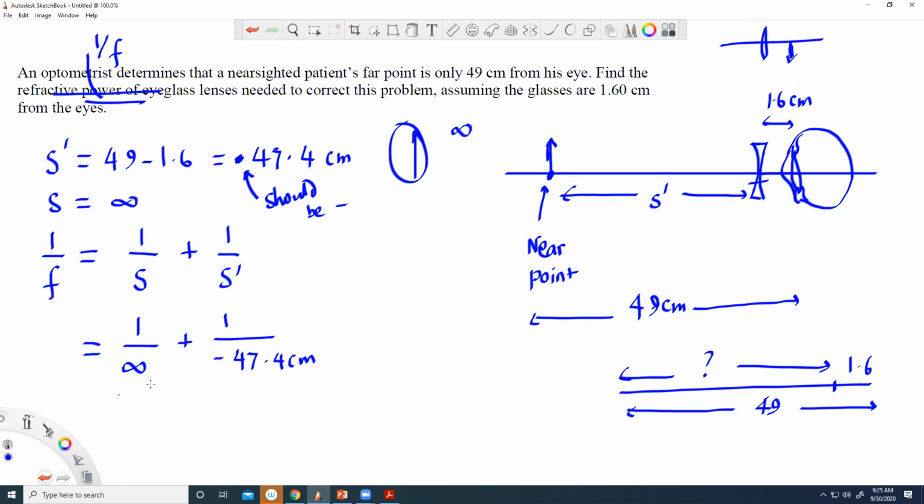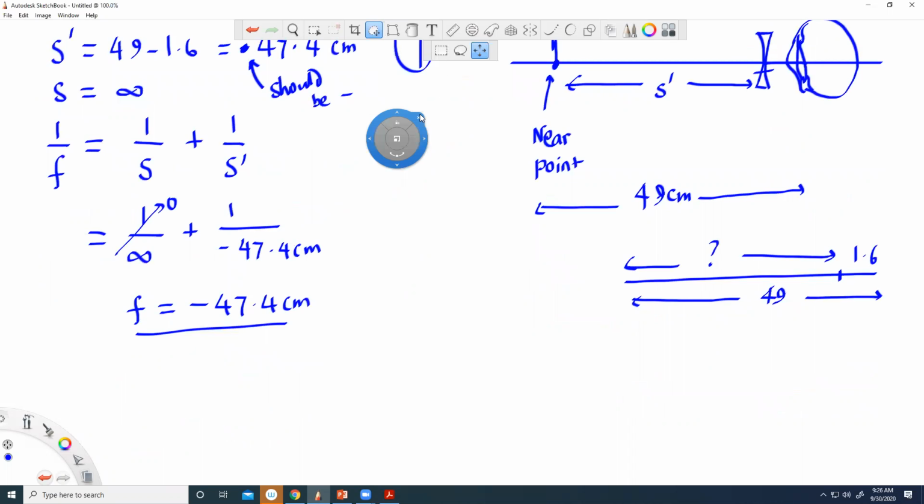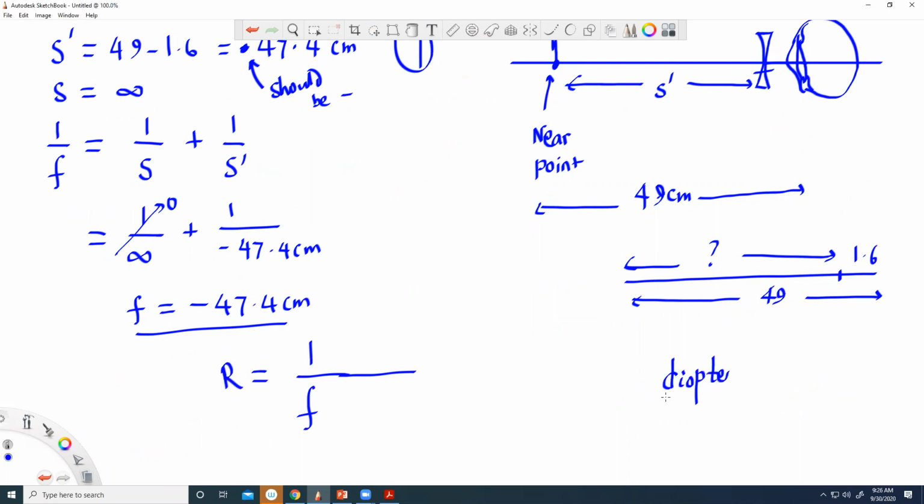So that means 1 over infinity is 0, 1 over a large number is 0. So then we need to flip on both sides to get f. That gives me minus 47.4 centimeters. That's the focal length. But I need to find the refractive power. Refractive power is defined as the reciprocal of focal length. And if you remember, the unit of refractive power is diopter. To get that, you need to express f in meters.